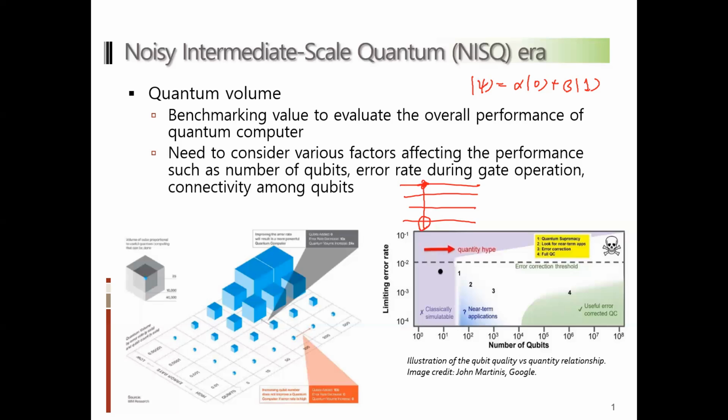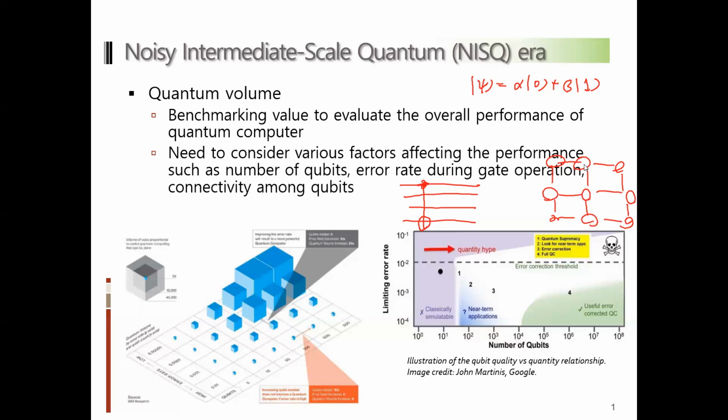However, that's not always possible. Depending on what kind of physical system you are using, sometimes you have an array of qubits like this one, like a lattice shape, and then the direct quantum operation between qubits can be limited to those represented by these lines.